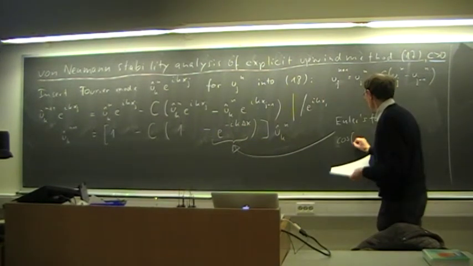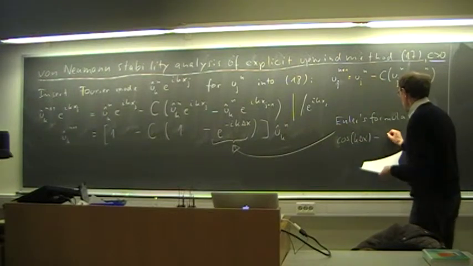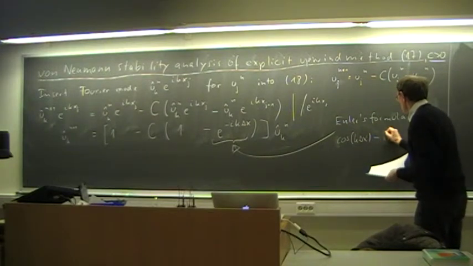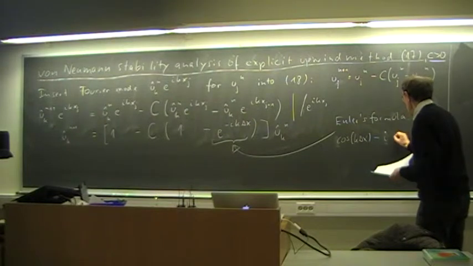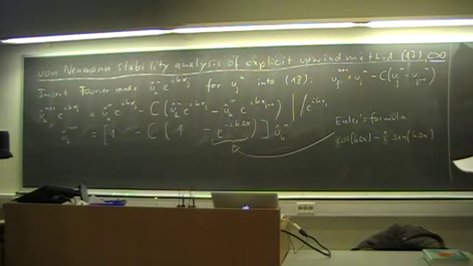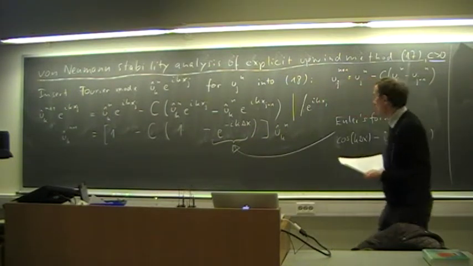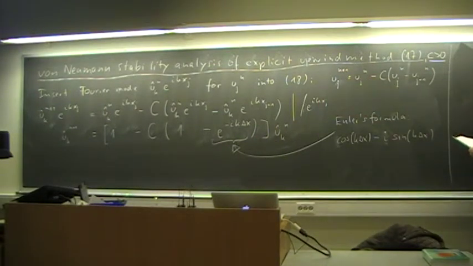Cosine does not distinguish plus or minus, but then we have minus the imaginary unit I sine k delta x. So that will then be the result from Euler's formula for this. So we'll use that to express now the amplification factor.